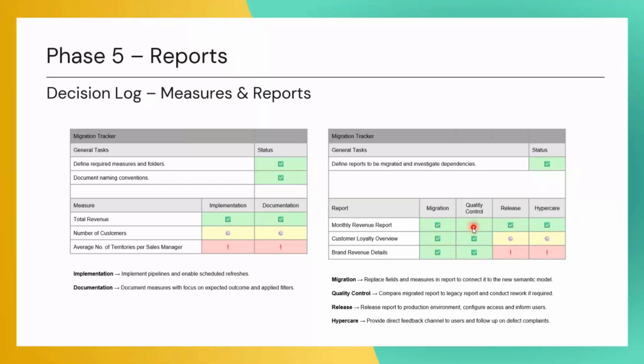Quality control, I have it as a separate step here, because for me it's always important to make sure that the behavior and numbers and fields and list options in the slicer are the same as in the legacy system.